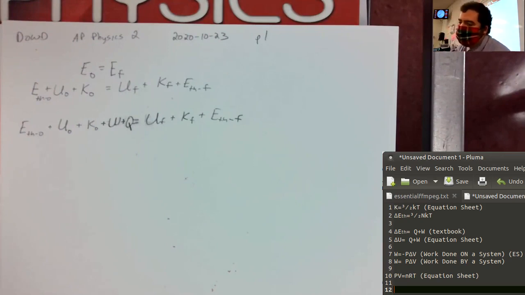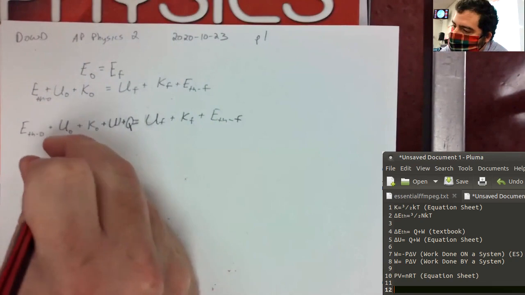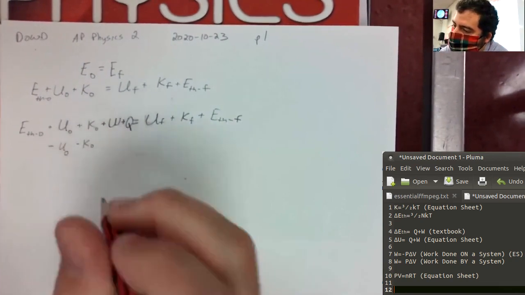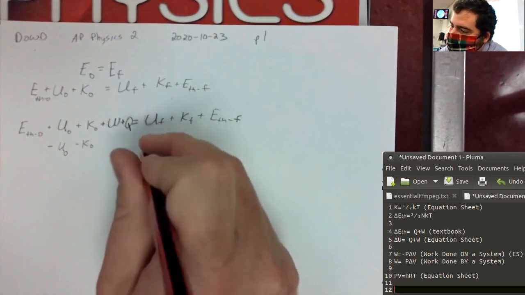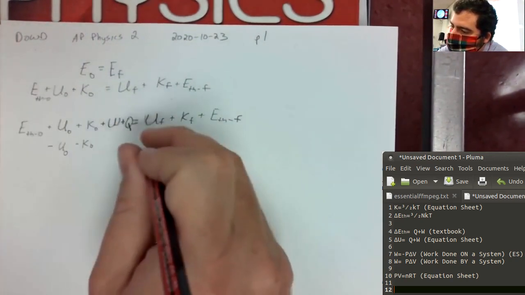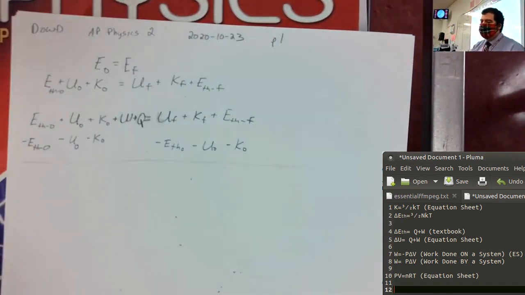So the first thing I'm going to do is subtract U_O and K_O to the other side. And actually, I'll subtract energy thermal original as well. So what am I left with?